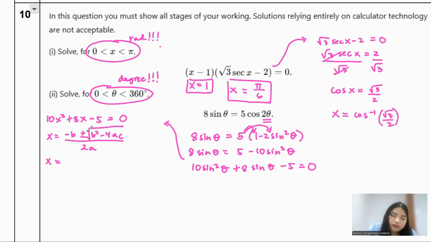Your b is negative 8, then plus minus. It means that at first you will do plus, then the next one try the minus, and you will have two answers there. b squared is 8 squared minus 4 times 10, and then multiply by negative 5, and don't forget you're going to square root, divide, and then multiply 2 by 10.